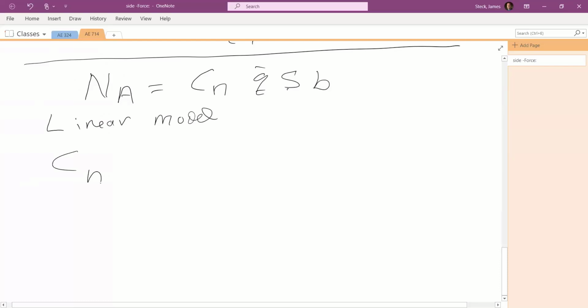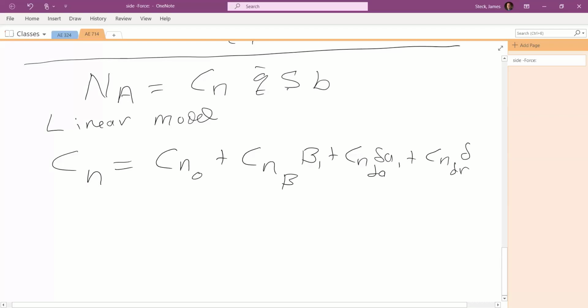And it's going to look just like the rolling moment and the side force because it's all the same variables. And so we want to spend a little bit of time talking about each one of these because this is an important stability effect.